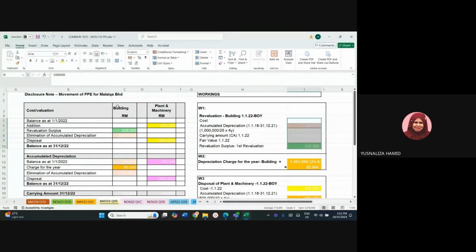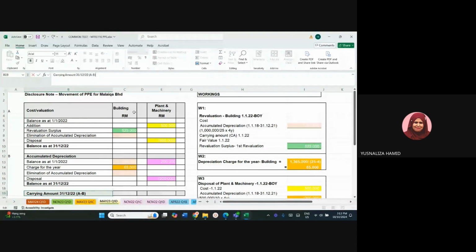So you just stop at showing the cost valuation section, which I call A, and the accumulated depreciation section, which is B, and therefore you'll be able to find your carrying amount. In this case, carrying amount would be just A minus B. There is no C here because C is about impairment loss.